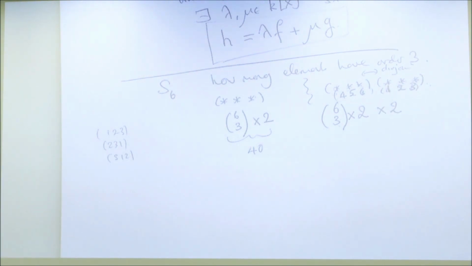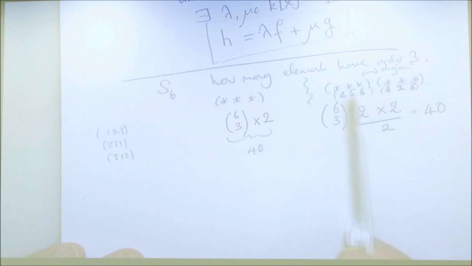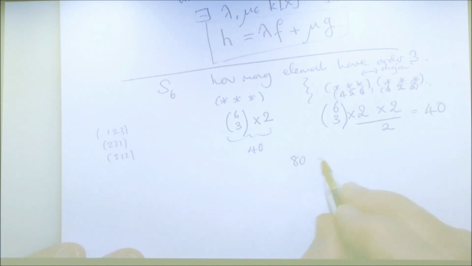So everything's been counted twice, so I have to divide by 2. Once again, it turns out that there are 40 elements of order 3 which are the products of 2 disjoint 3 cycles. So the final answer is 80, being 40 plus 40. Okay.